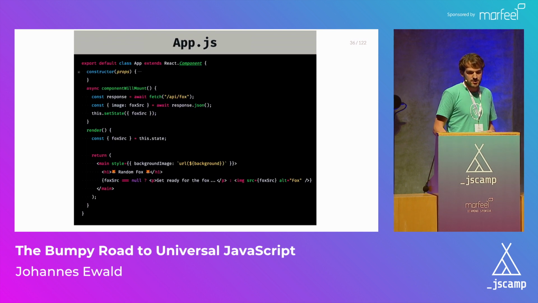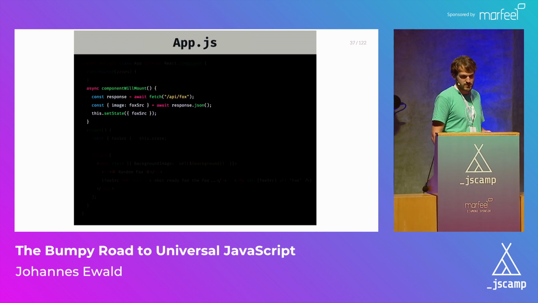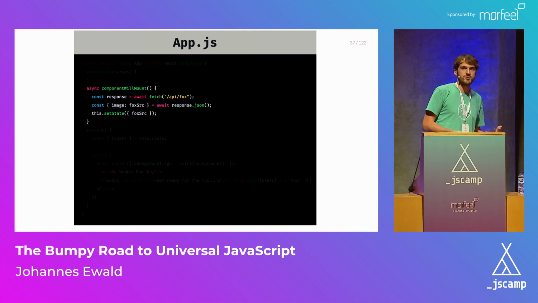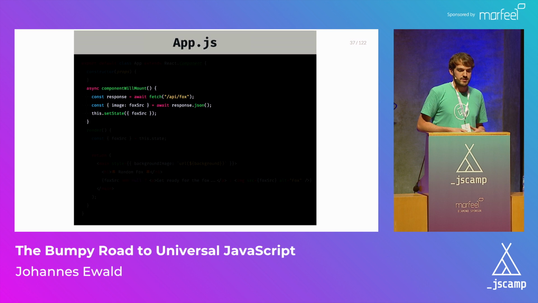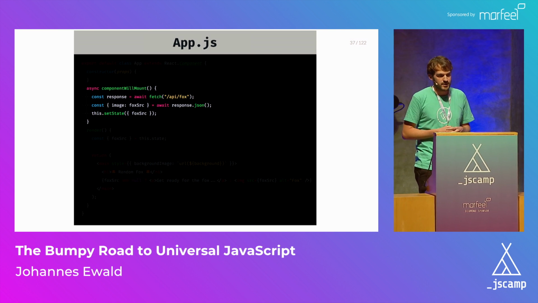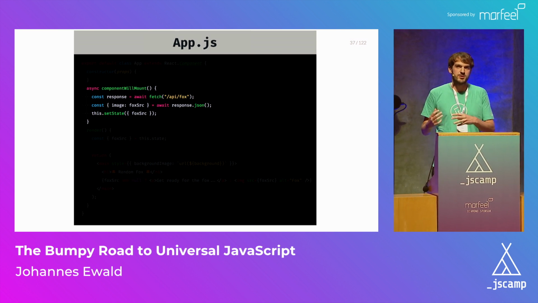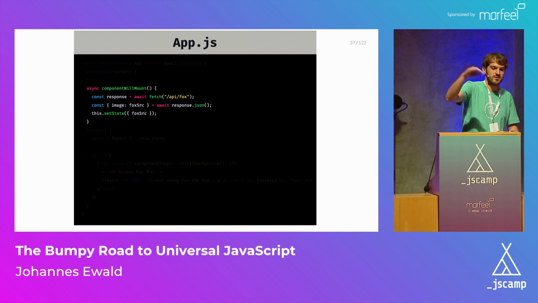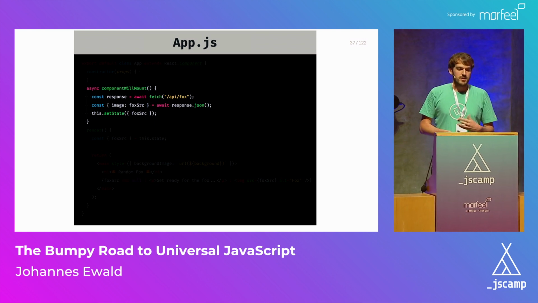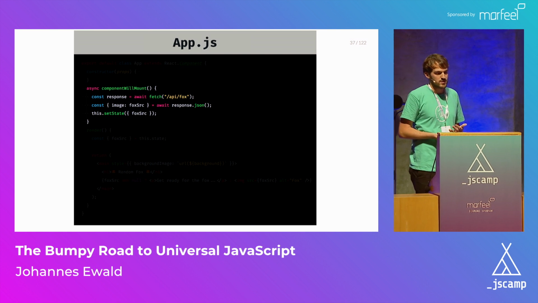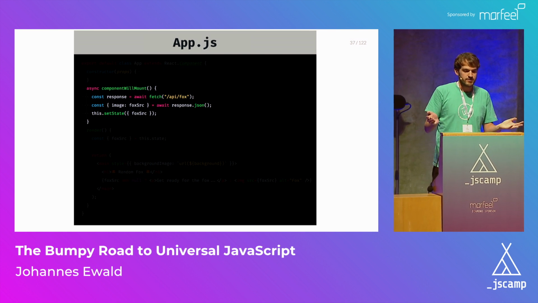Our app.js looks like that. So we have this componentDidMount hook, which is called as soon as the component is added to the DOM. That's where we fetch the image from our own API, which proxies to the remote API. And then when the image is loaded, we set the state. Here's the Fox image.